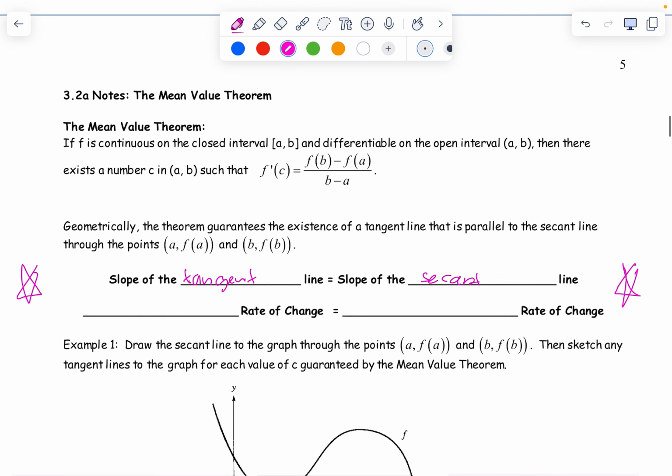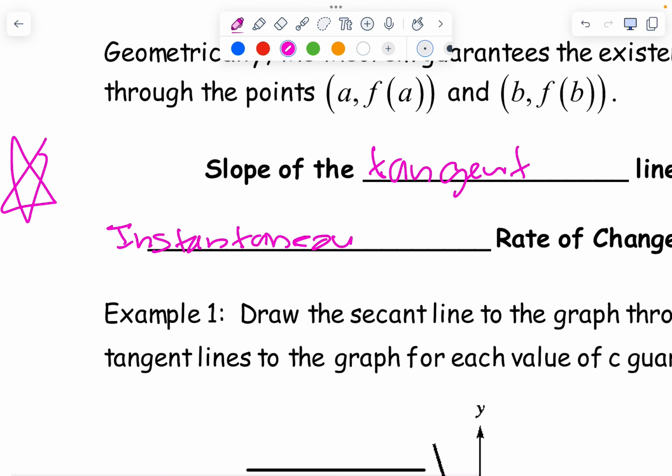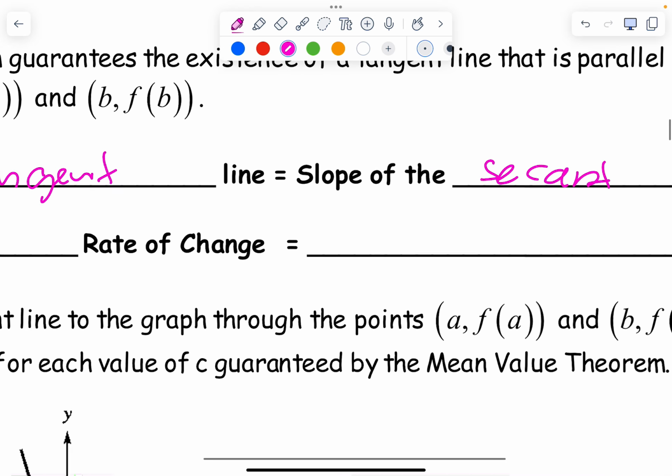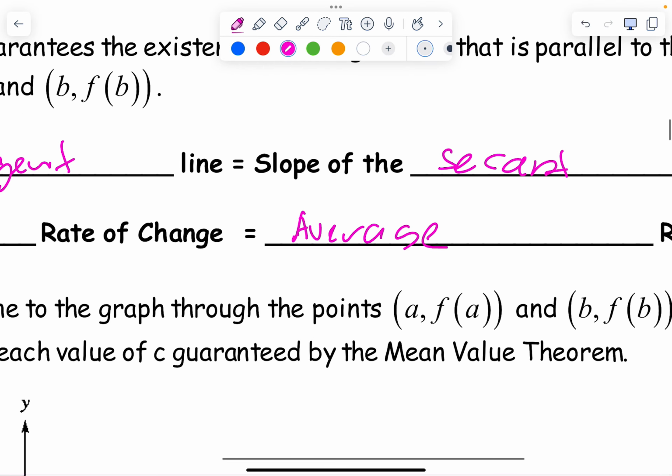Specifically, IROC is equal to the what? AROC, and ROC stands for rate of change. So we're going to write on this one: the instantaneous rate of change is equal to the average rate of change. That's exactly what you have on your flashcard.